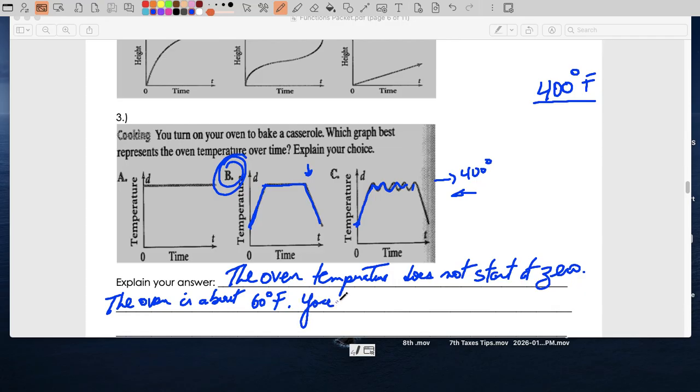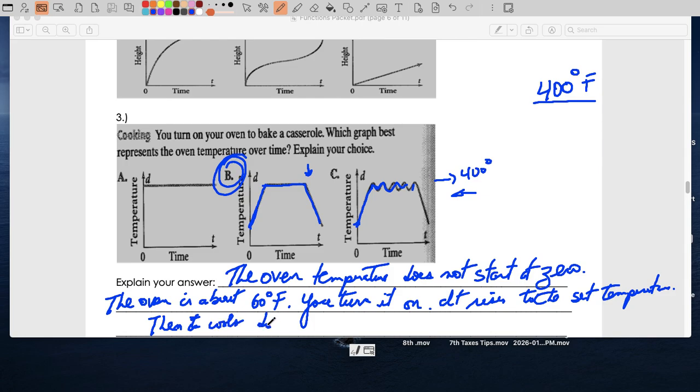You turn it on, it rises to the set temperature, 400 degrees, 300 degrees, and then it cools down when you shut it off.